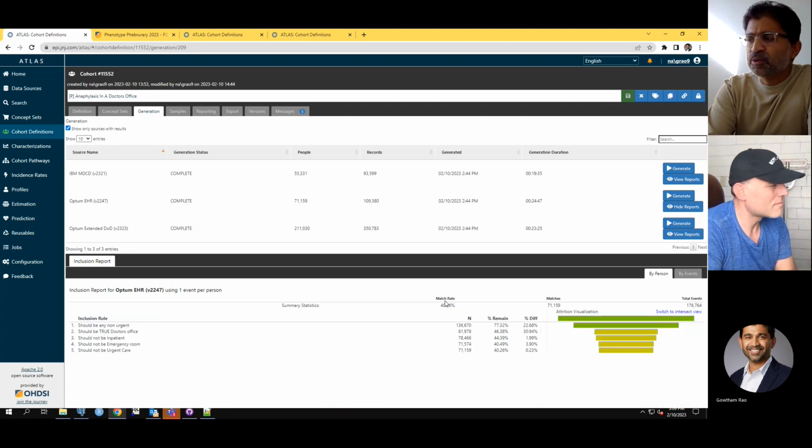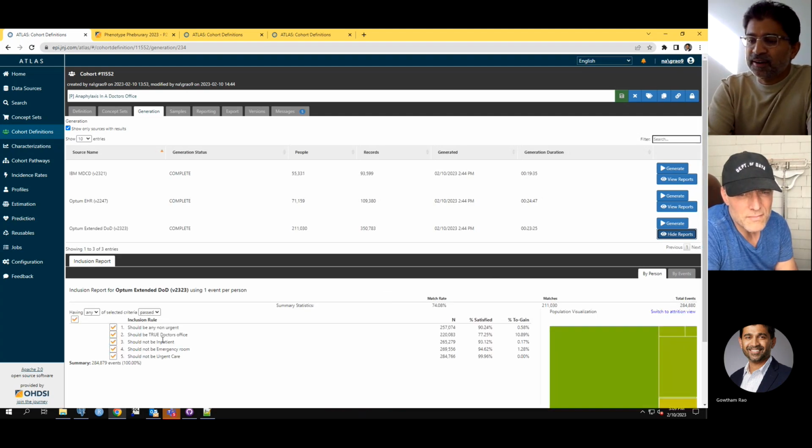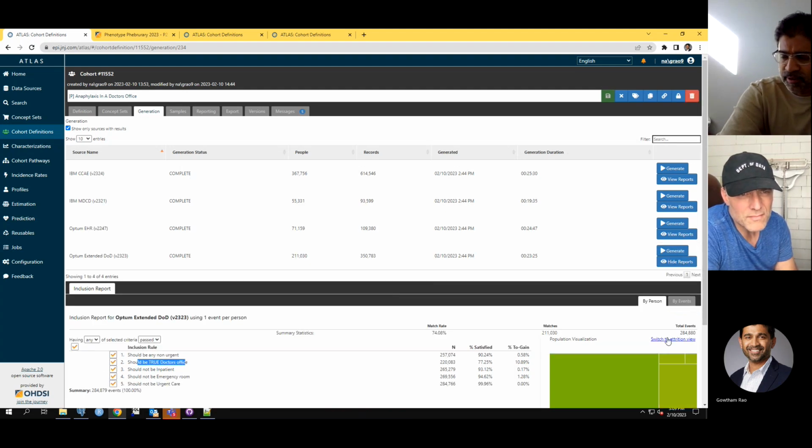Yeah, 40% match. So it was okay. We went down from 80% to 40%, but still it's a lot. This is a more conservative rule than what was applied before, because we have this new inclusion that it has to be a true doctor's office visit. Essentially, we are saying if you have a diagnosis of anaphylaxis in an ambulatory surgical center or dialysis center and all those places, you could have true anaphylaxis.